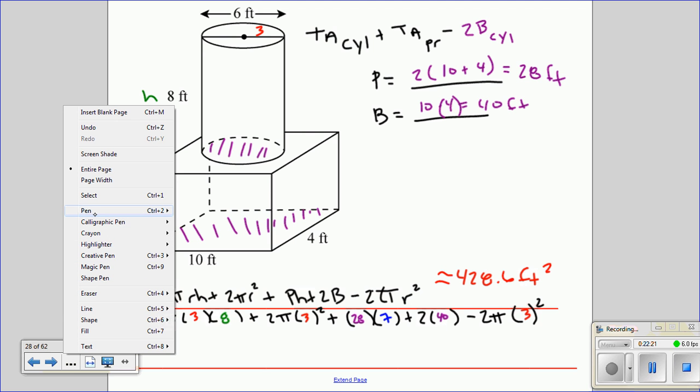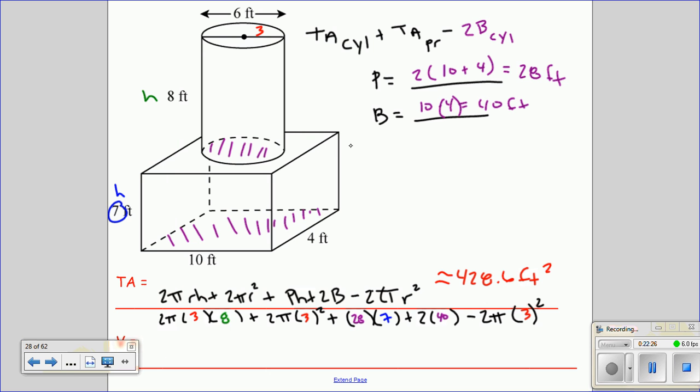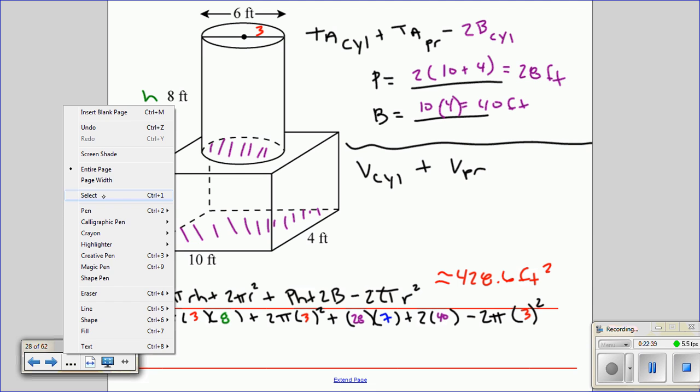Now, volume is not as intense, trust me. To find the volume, you simply just find the volume of the cylinder plus the volume of the prism. So let's look at the formulas for each of those.